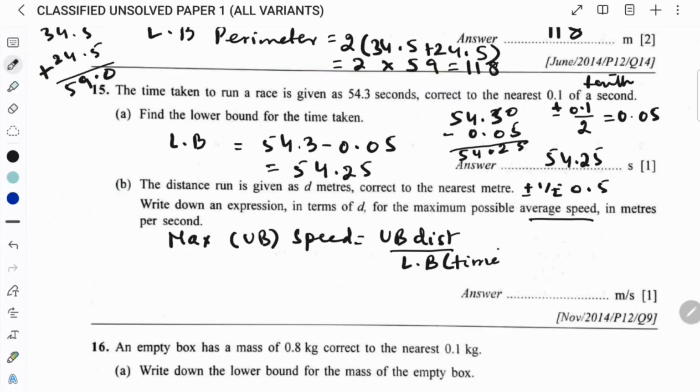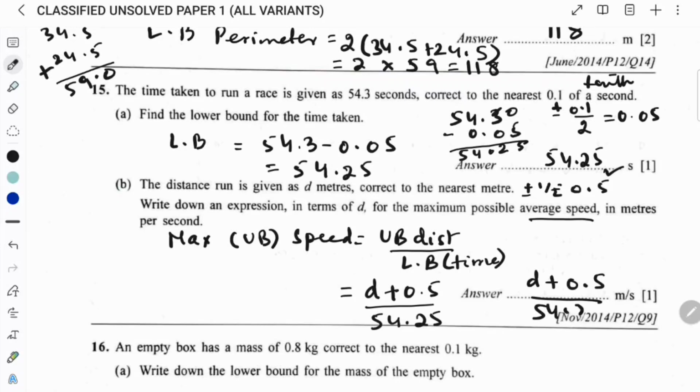The upper bound of distance is d plus 0.5, and the lower bound of time you have found, which is 54.25. So d plus 0.5 divided by 54.25, you cannot do more.